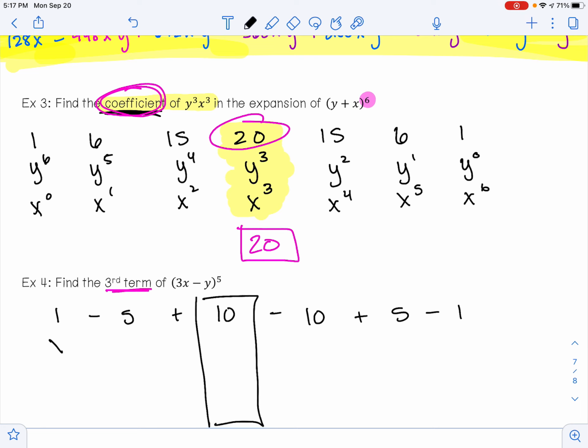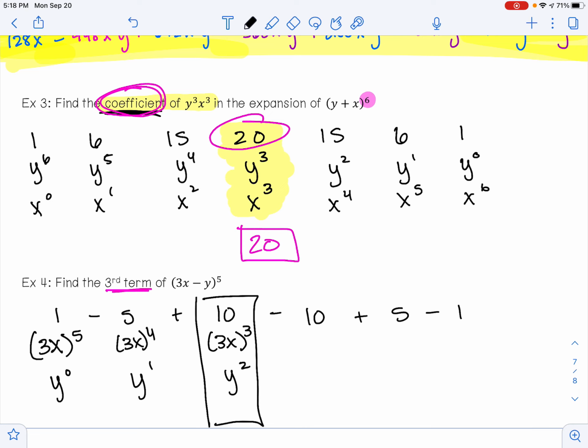So my 3x is going to go from high to low. Now if you wanted to, you could keep going over here, but you know that you only need this row. So I'm just going until I figure out what this row is. And my second term is y, so those ones are going to go from low to high. And let's go ahead and figure out this third term.